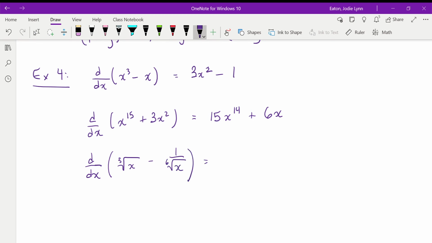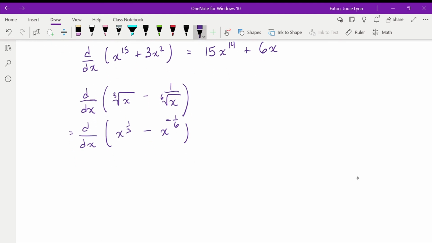let's rewrite this and we're going to do this one down vertically. So let's rewrite this as d dx of x to the power of 1/3 minus, and because we have it in the denominator, it's x to the power of negative 1/6. So these are just powers. So now we're going to multiply in front by the power.